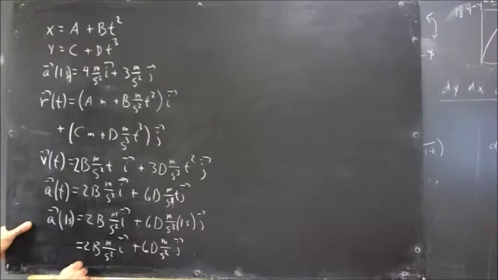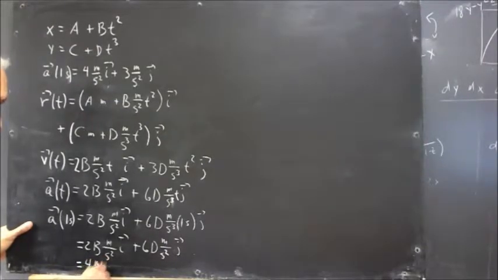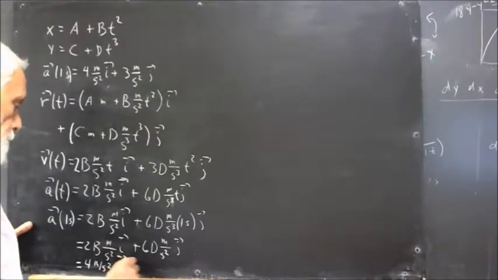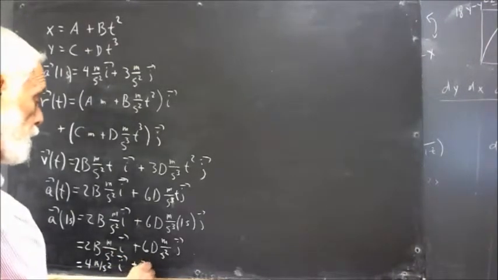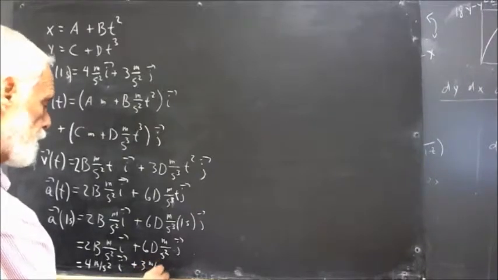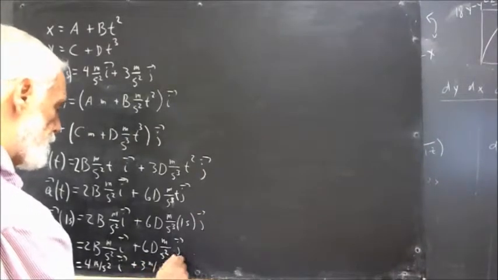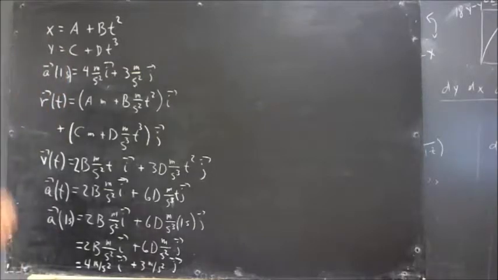And let's see if I can get that in down here and make it legible. So that's 4 meters per second squared times i plus 3 meters per second squared times j. And now we can directly compare.